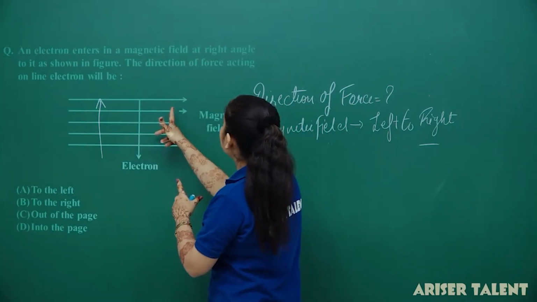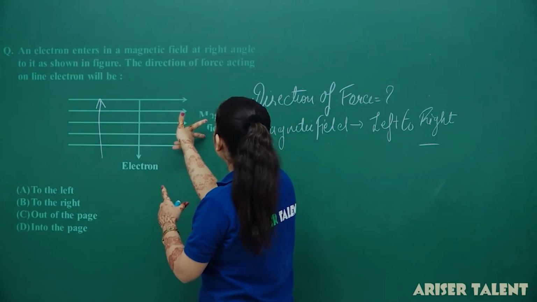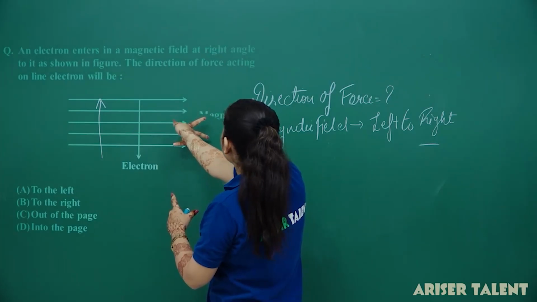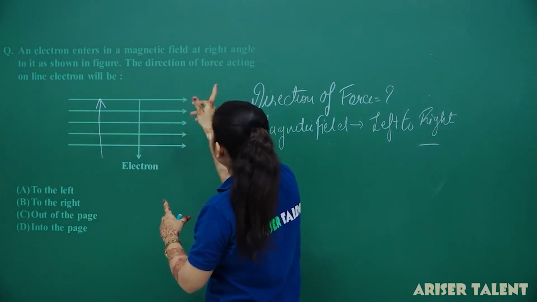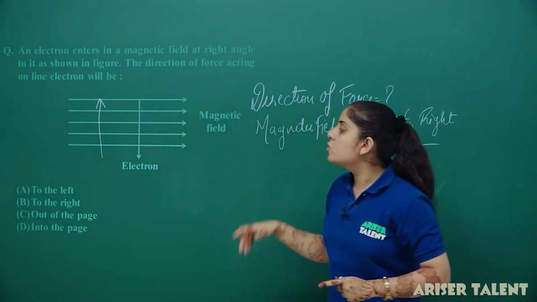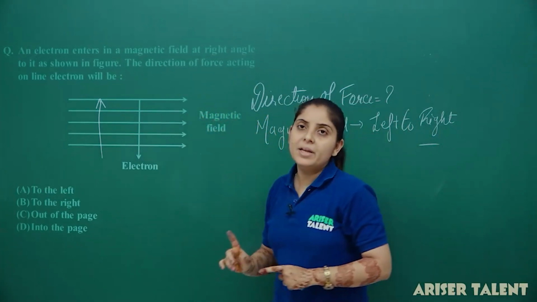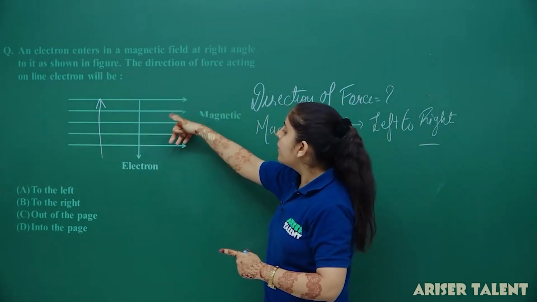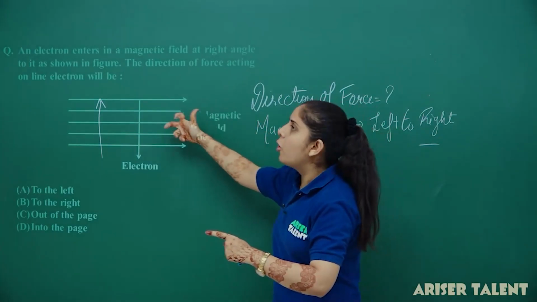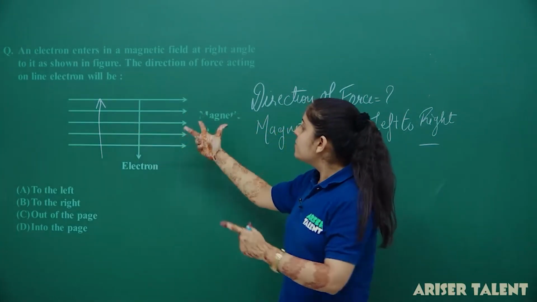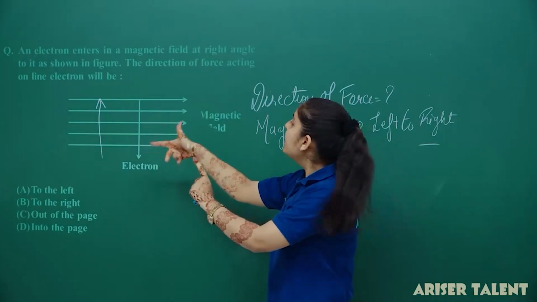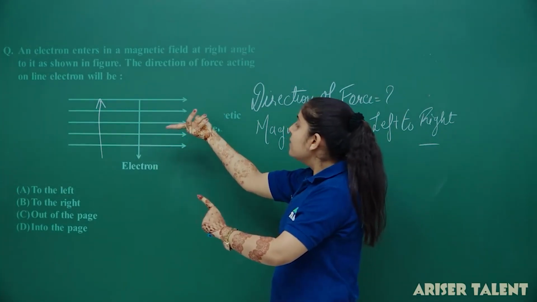So current will be like this, magnetic field will be like this, and if I orient my fingers in such a way, I can find out that the direction of the force will be into the page, because it cannot be to the right, it cannot be to the left, and it cannot be out of the page. Out of the page, it means it will be like this. But we have to keep our fingers in this fashion.